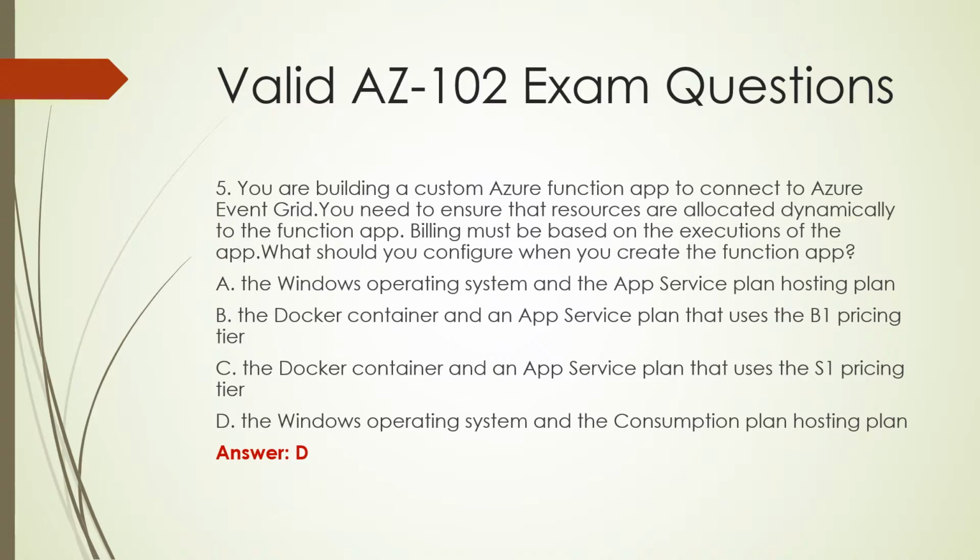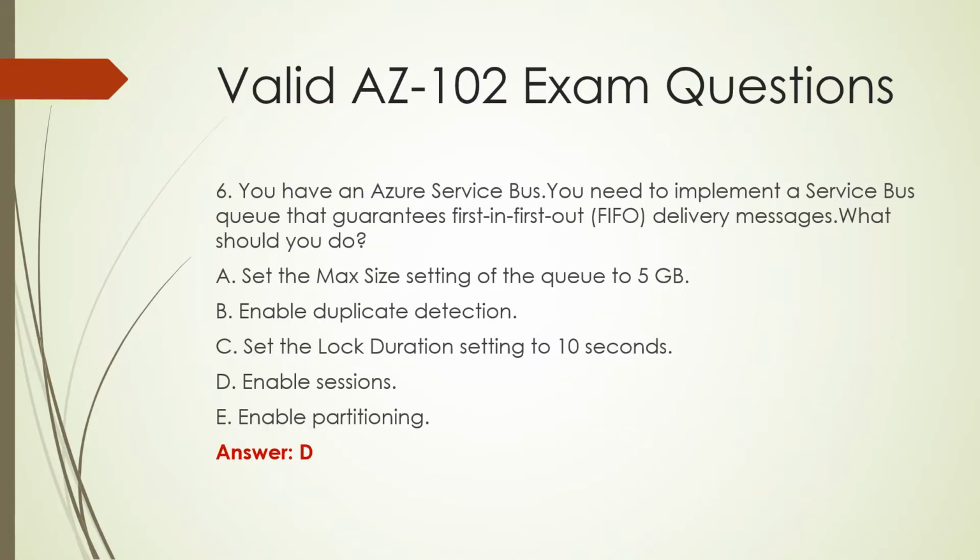B. The Docker container and an app service plan that uses the B1 pricing tier. C. The Docker container and an app service plan that uses the S1 pricing tier. D. The Windows operating system and the consumption plan hosting plan. Answer, D.